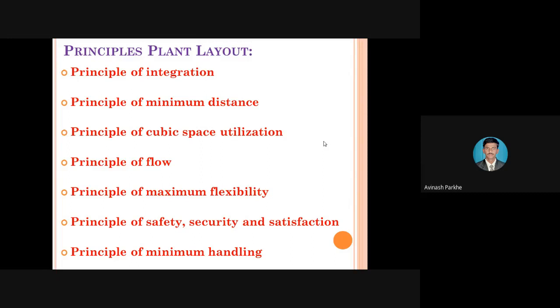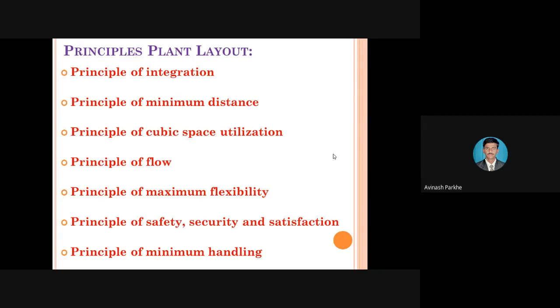If that particular machine is very important, it should be located near that particular operator only. So immediately he will go to that machine and perform the operations. Therefore, the second principle is related to minimum distance. You have to maintain the minimum distance between all the machines and all the locations, so that the material travels immediately from one location to another.